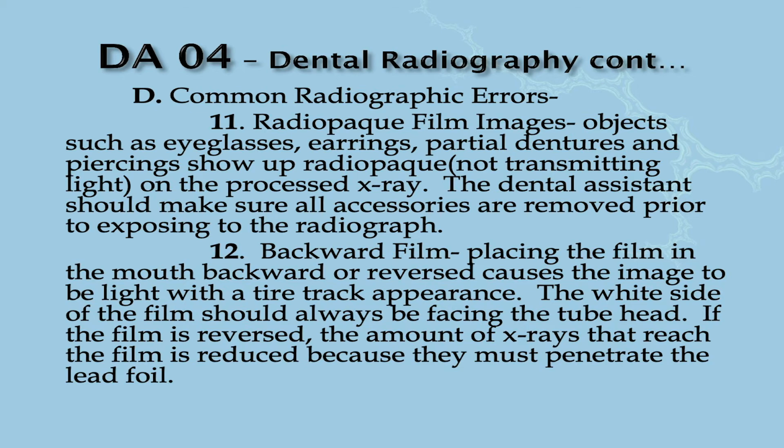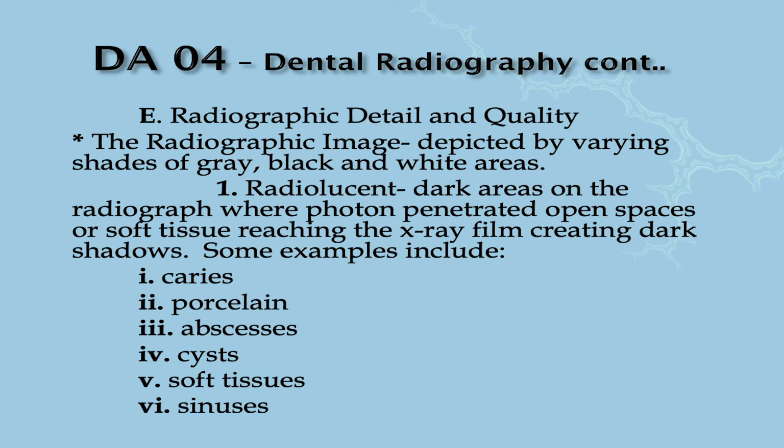So radiographic detail and quality is depicted by various shades of gray, black, and white on that x-ray. The first word that you do need to know, and we've discussed this previously, is radiolucent.